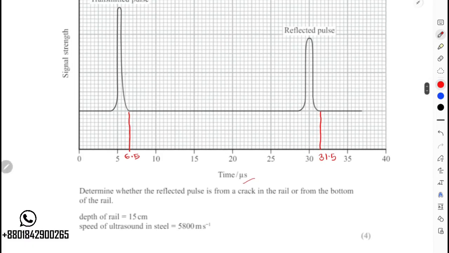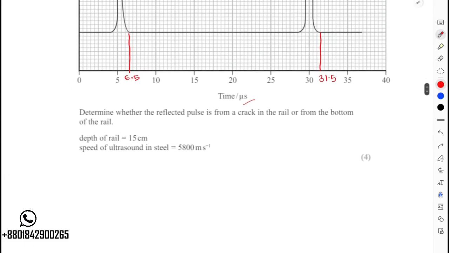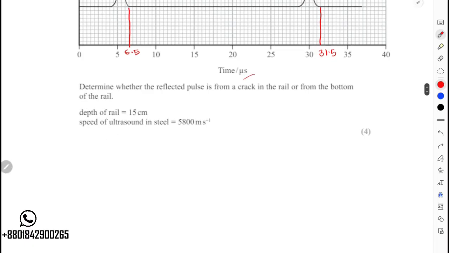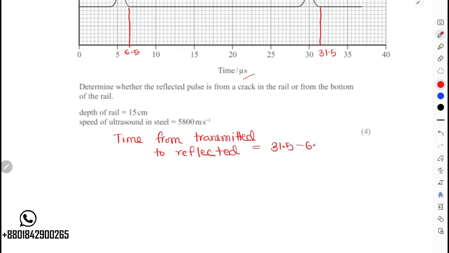If this is the transmitted pulse and this is when the reflected pulse was received, obviously the time will be half of that, right? Because in reflection, it travels twice the distance. Let's write the time that we calculated first: time from transmitted to reflected is 31.5 minus 6.5, which equals 25 microseconds.